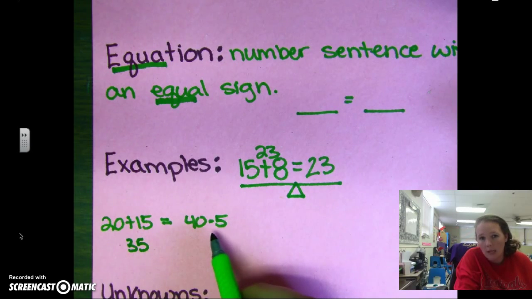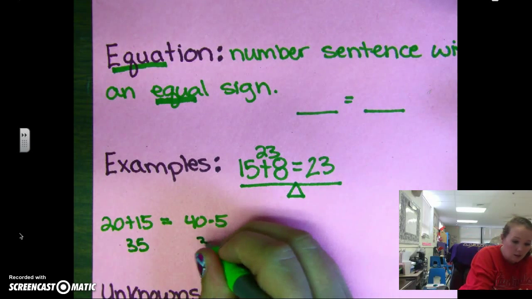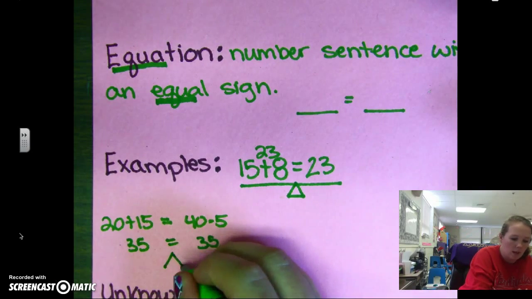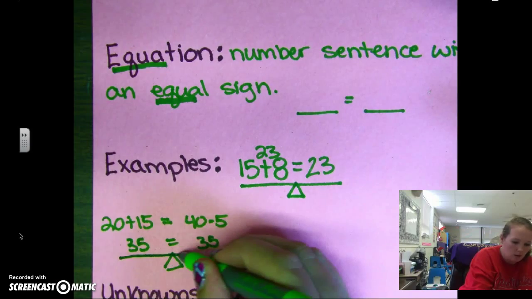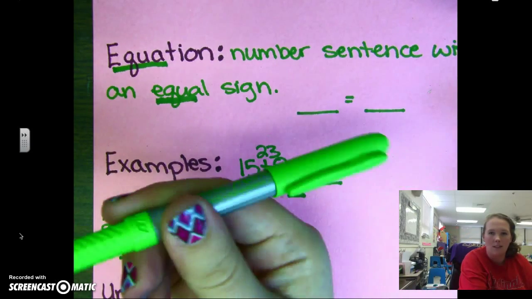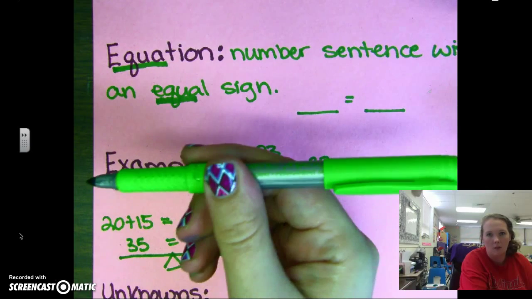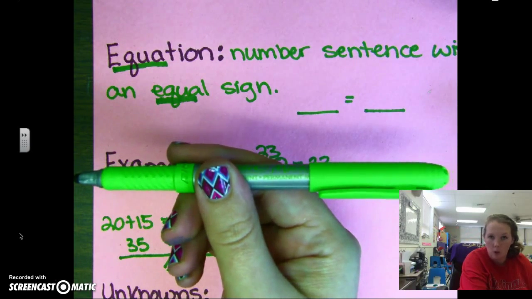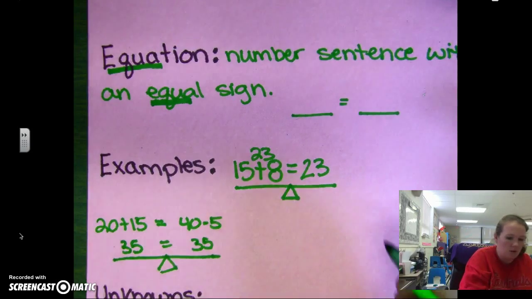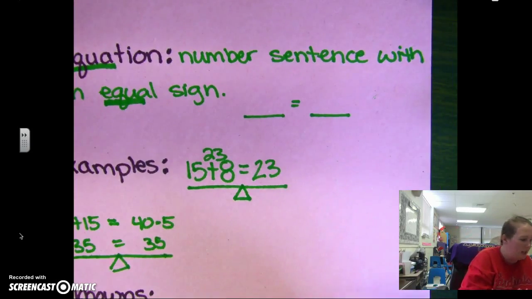If I do 40 minus 5, that's 35. So they're still equal. So my pan balance, or my teeter-totter, would still be balanced. It's not unequal. One side is not bigger than the other. It's perfectly balanced. It's equal. An equation is equal.